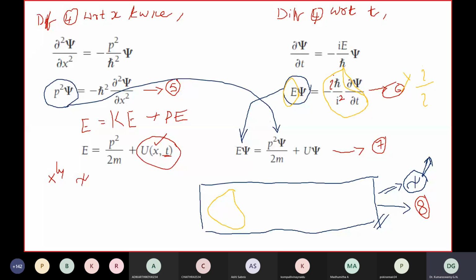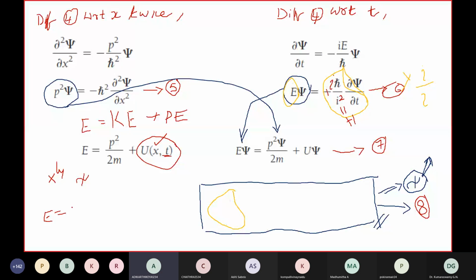What is i square equal to? Minus 1. So minus minus gets cancelled. Then what do I get? i h cross dou by dou t. Can I write E as E is equal to i h cross dou by dou t? Sir, now understood.